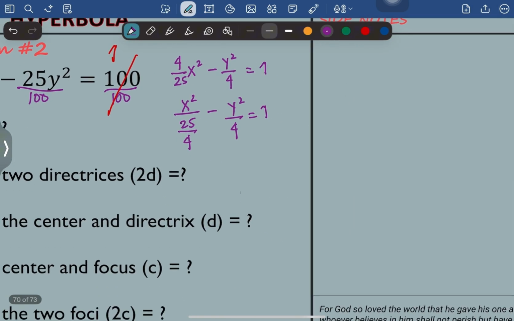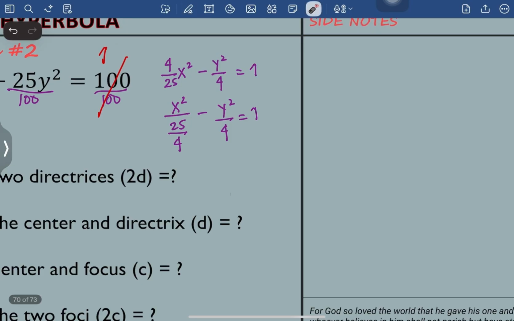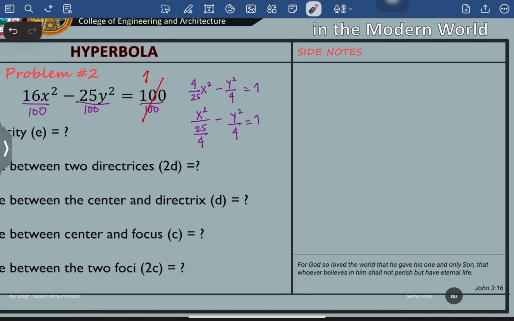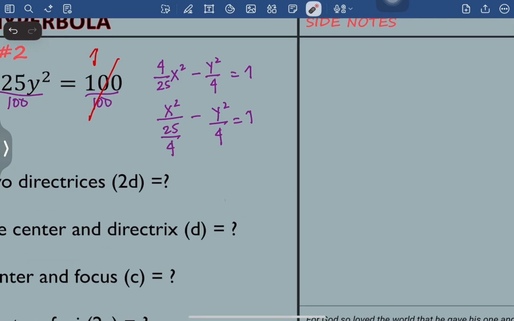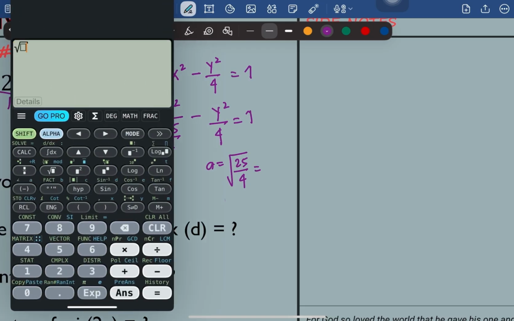Therefore, since the variable x squared is on the positive term, that means the hyperbola opens horizontally. So, a here is square root of 25 over 4 is equal to what? Square root of 25 over 4 is 2.5.